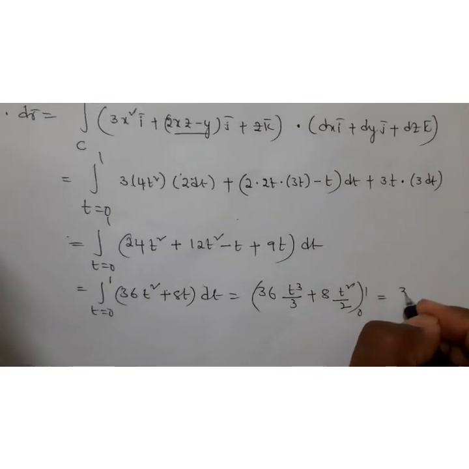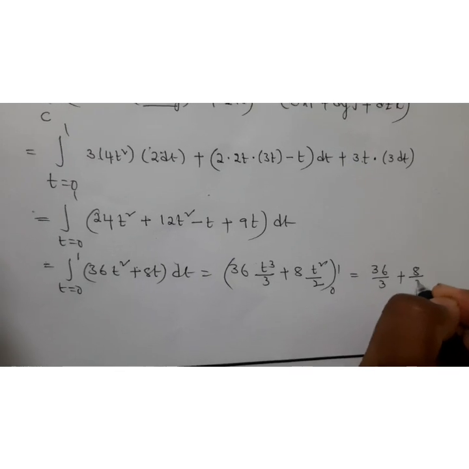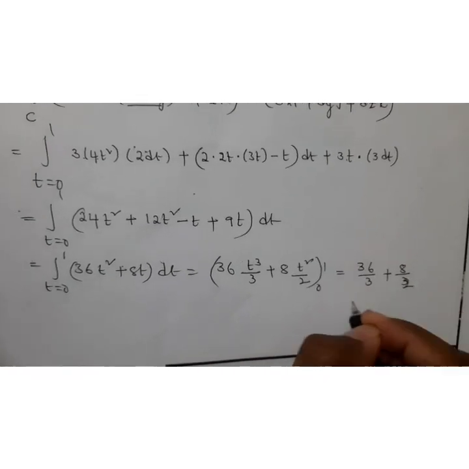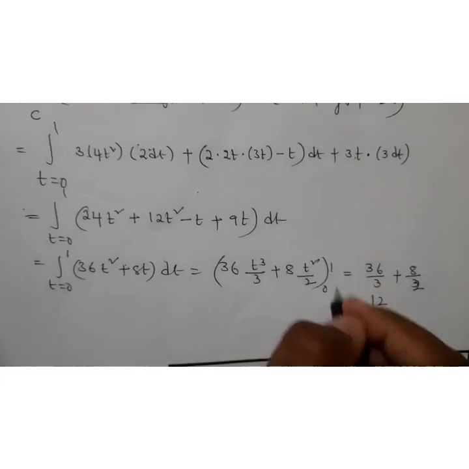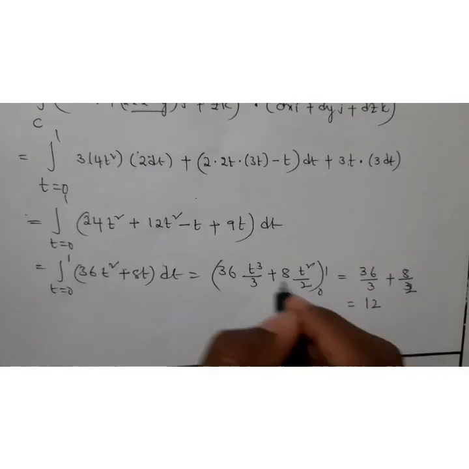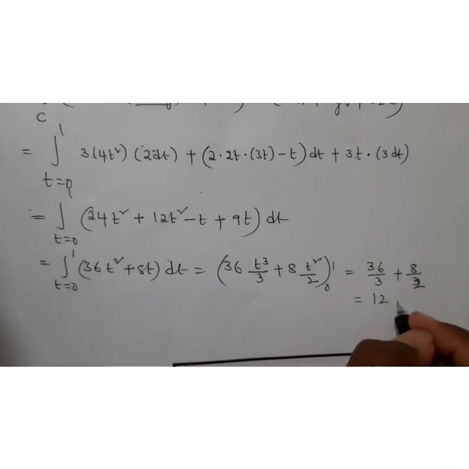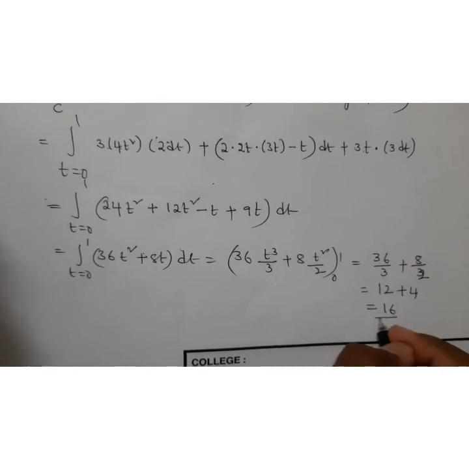Simplify this, we get 36 by 3 plus 8 by 2. Upper limit is 1, so 36 by 3 is 12 plus 4, that is equal to 16.